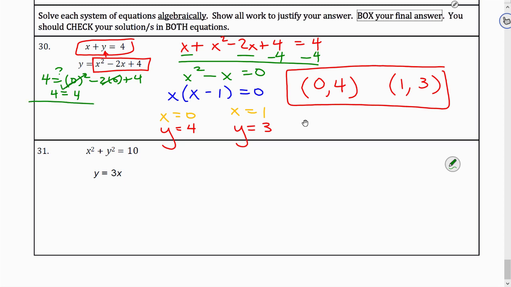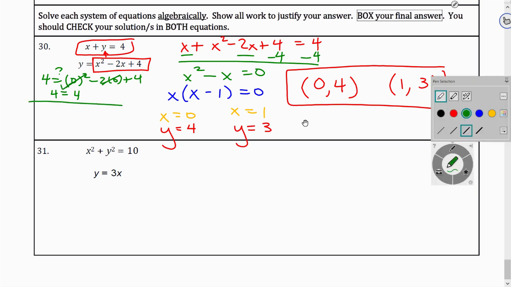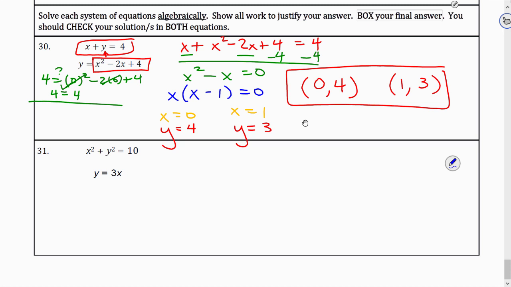And for (1, 3), is 3 equal to 1 squared minus 2 times 1 plus 4? That's 1 minus 2 plus 4. 1 minus 2 is negative 1, plus 4 is 3. So 3 is equal to 3, and that's true. So these both work.